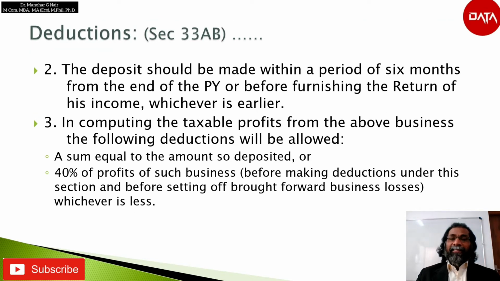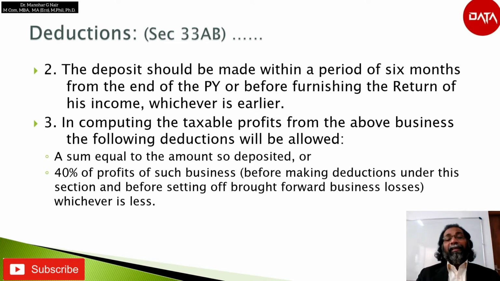The second point says the deposit should be made within a period of 6 months from the end of the previous year or before furnishing the return of his income, whichever is earlier.